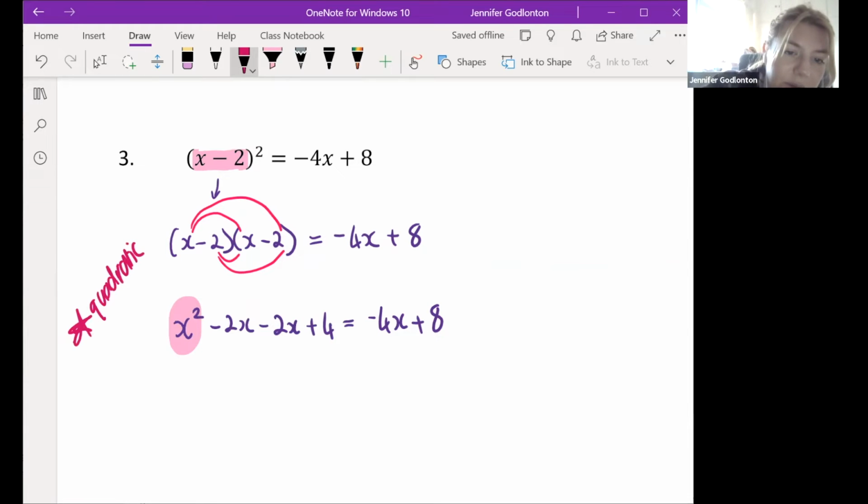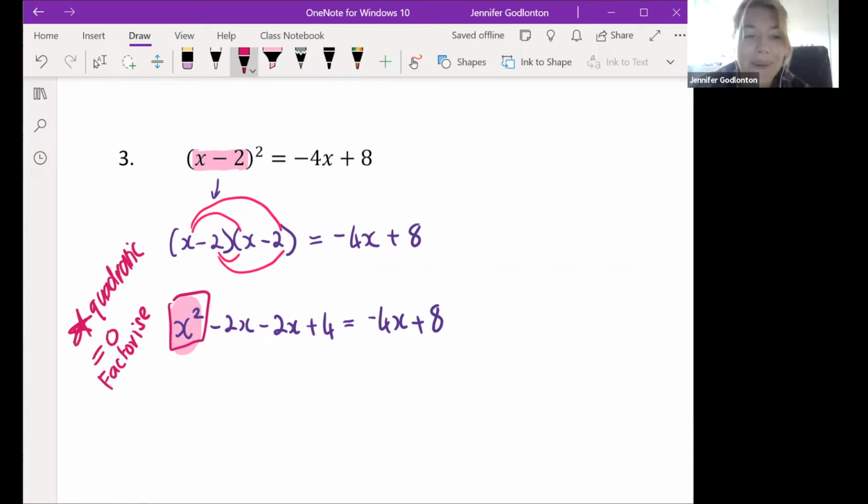And whenever it is quadratic, we want it equal to 0, and then we want to factorize. If you pick up nothing else from me this year, pick up that if you see an x squared in an equation, it's quadratic. I'll take that win. If that is the only win we have this year, I'll take it.